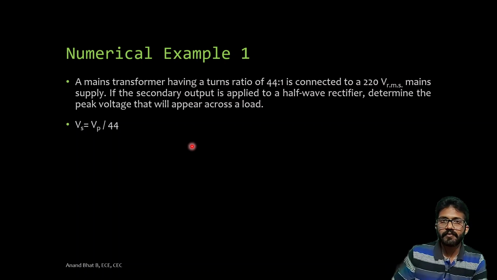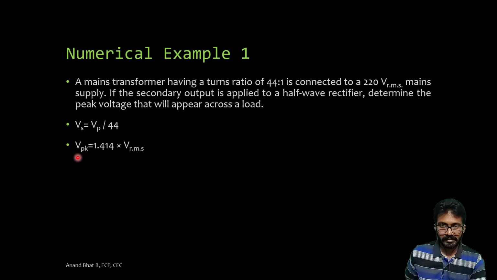With this, we shall proceed. Now, the relation between peak value and RMS value is given by this particular formula. The value you got for Vs is the RMS value, and I am interested in finding its peak value. That is the peak value of the secondary voltage of the transformer. Please calculate.